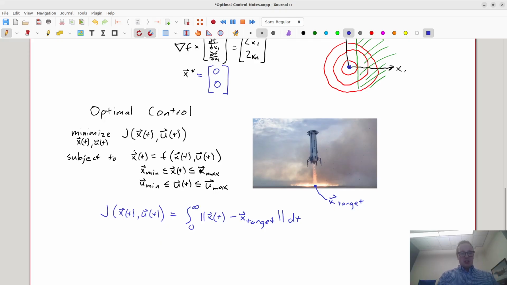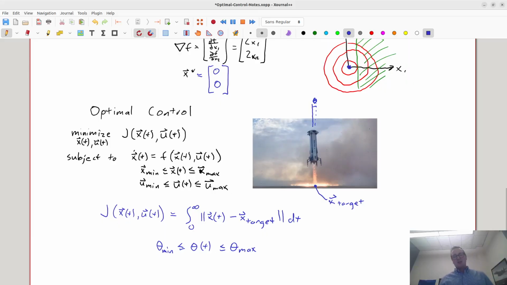We might have additional constraints. Our x min and x max constraints might mean that if theta is the angle between directly up and the angle of the vehicle, we might have some constraint on that, we don't want to tilt too far over. So we might have a constraint like theta min is less than or equal to theta at time t, which is less than or equal to theta max.